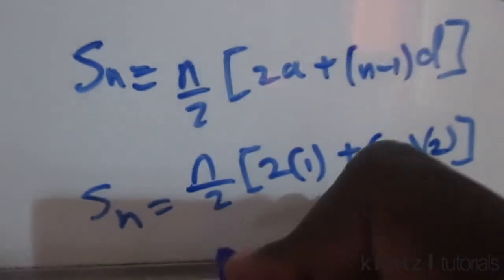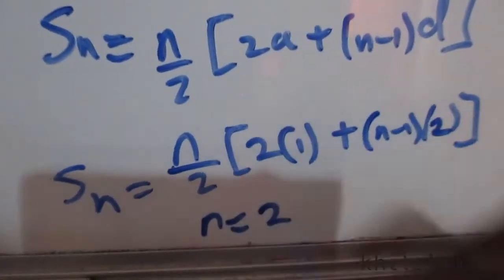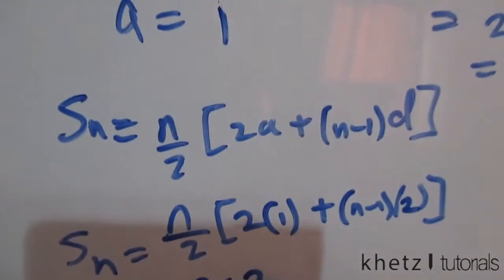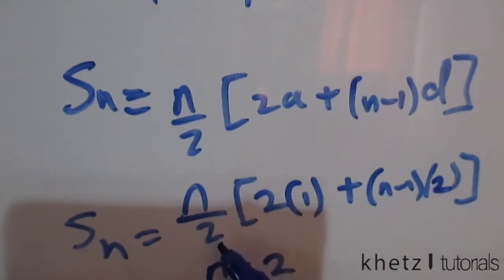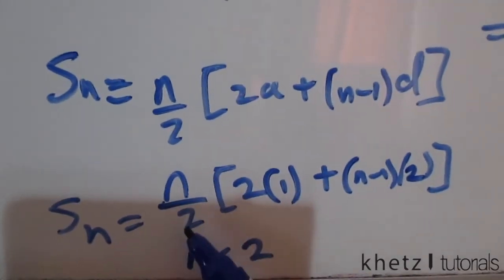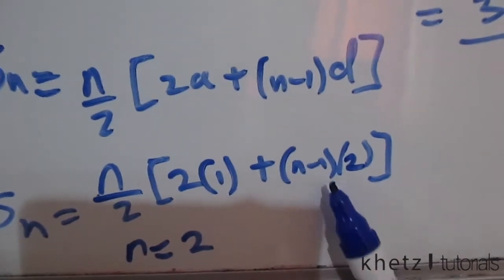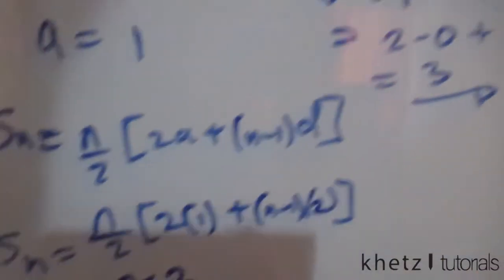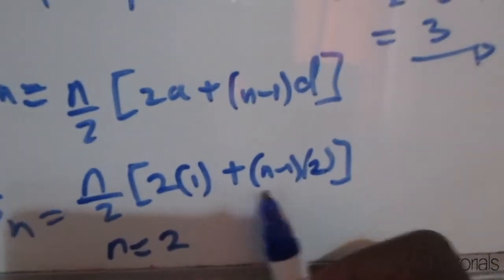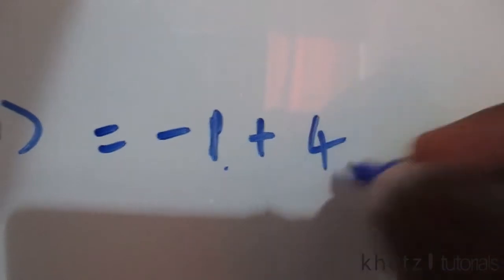So where we see n, we're going to substitute 2. 2 divided by 2 is going to be 1, so 1 multiplies the whole bracket. Then you have 2 in here, which is going to be 1. So the result is going to be 4, because you have 2 added to 2 over here.